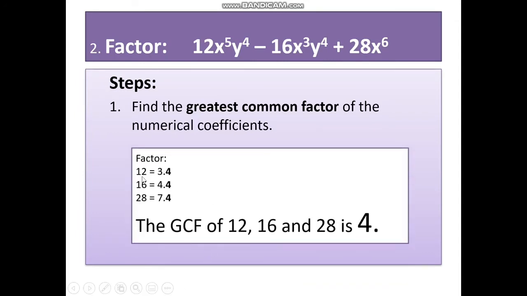So we have 12, 16, and 28. The factors of 12 are 3 times 4. The factors of 16 are 4 times 4. And the factors of 28 are 7 times 4. So, as you can observe, 4 is the GCF of 12, 16, and 28.